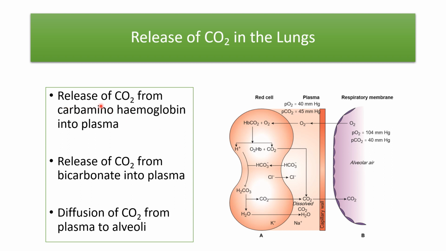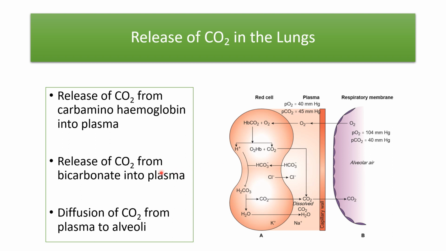Number one, the release of carbon dioxide from the carbaminohemoglobin into the plasma. As you know, when the oxygen enters into the hemoglobin in the pulmonary capillary due to the higher pressure, this oxygen combines with the hemoglobin and forms oxyhemoglobin and displaces carbon dioxide from the carbaminohemoglobin. This carbon dioxide then diffuses out into the plasma.